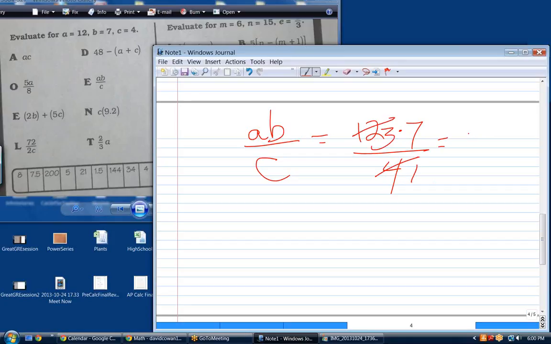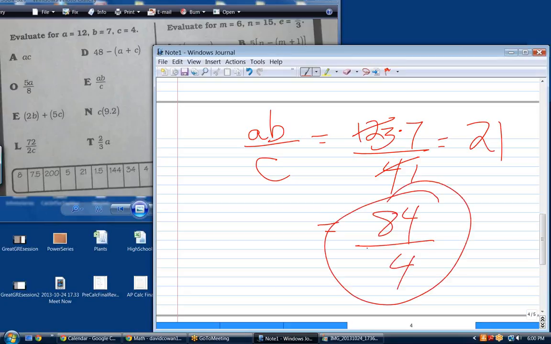Now what's the answer? 3 times 7 divided by 1. So 3 times 7, 21. Okay. Notice how much easier that is than had I multiplied 7 times 12 to get 84, and now I've got 84 over 4, and I have to deal with that.